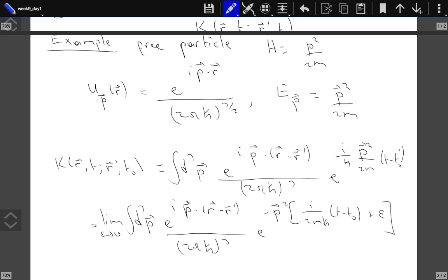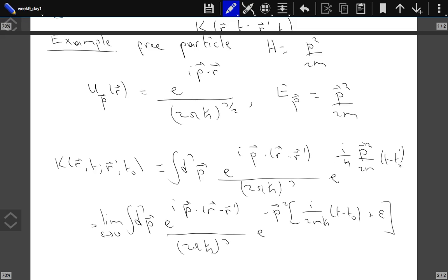In such a way that if p squared goes to infinity, we are evaluating all of the momentum space, including the momenta which have an infinite magnitude. If you look at our original expression, they are highly oscillating terms. They oscillate infinitely fast, so there is no way to evaluate that integral.